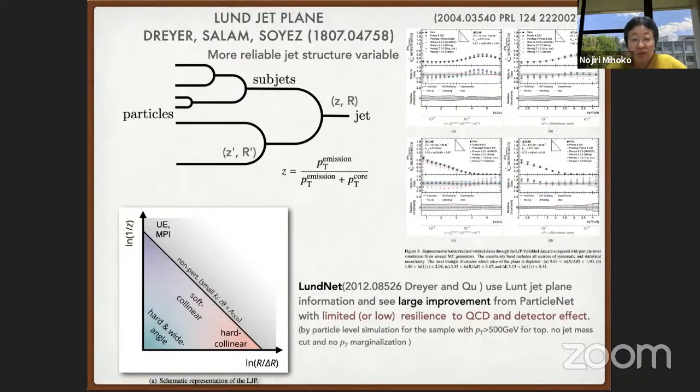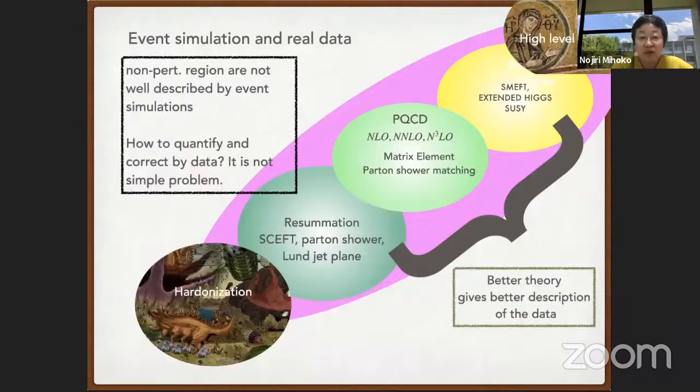So this means the physics is the same. In the hard region and collinear region, you have a better description of the theory. But if you go to the soft regions, you will have more and more problems.